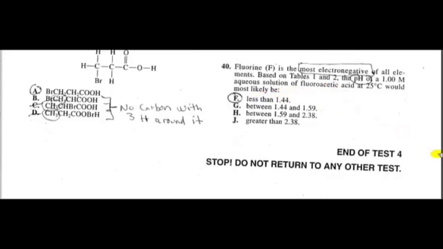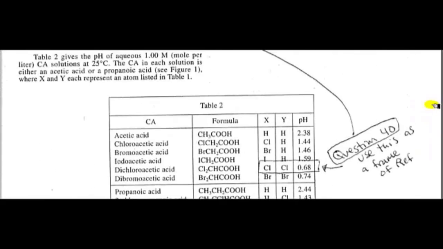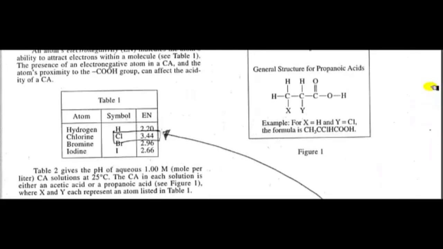First thing we need to do is scroll on up to table 1 and table 2. In table 1, we don't have fluorine, so we're going to have to look for something close to that. If you look over here, the first thing that we notice is we have chlorine, and the electronegativity of chlorine is 3.44.